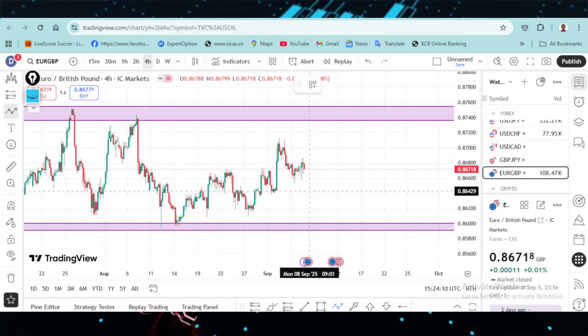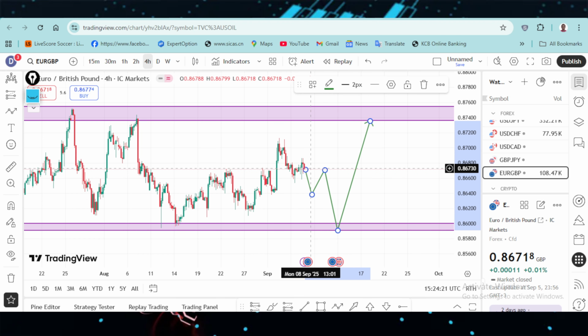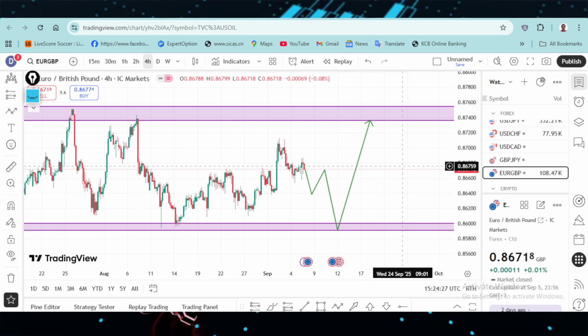What I wanted to see is the market come to the downside here before we try to buy a correction to the upside. I don't want to buy in the middle. I need to buy below here to reach up there. That's how this thing works.